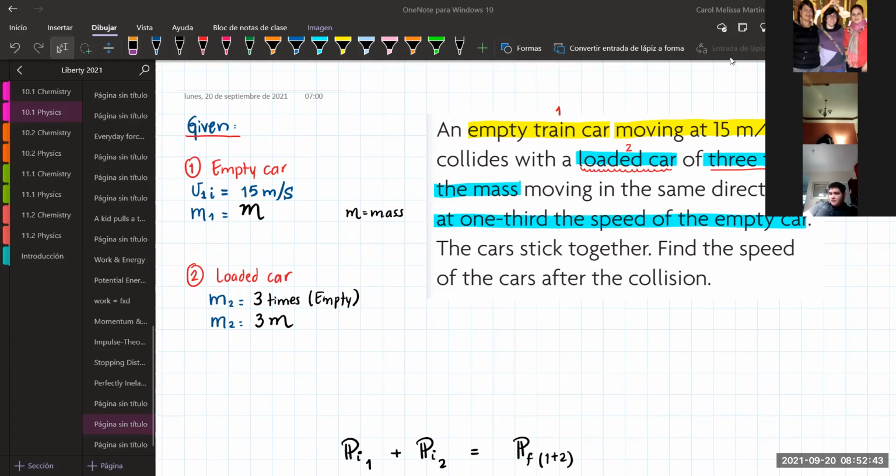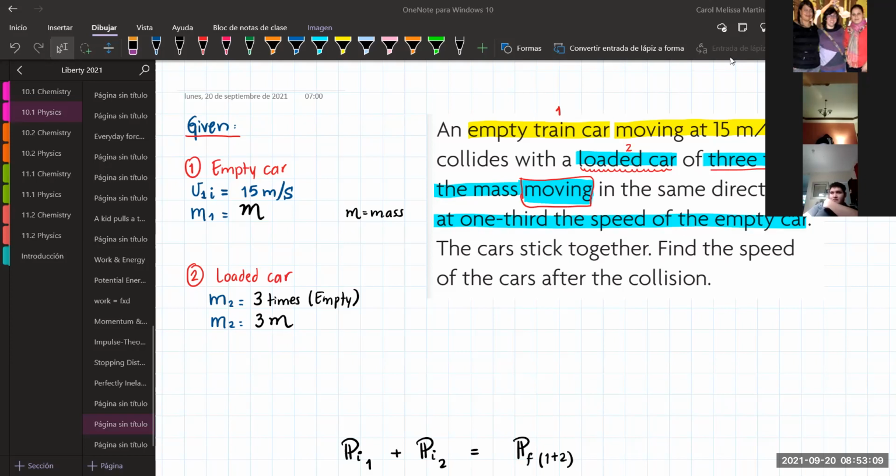Now, about the loaded car, it says that it is moving. It's not at rest. It says it's moving in the same direction as the train car, the empty car. But then it says at 1/3 the speed of the empty car.